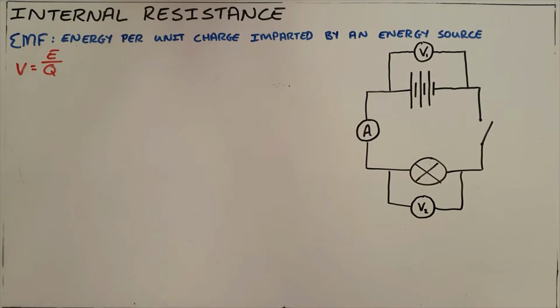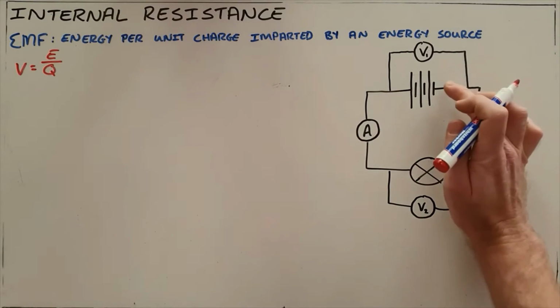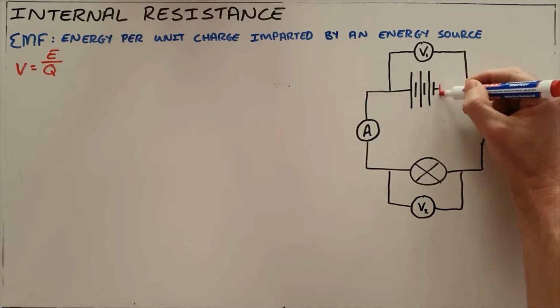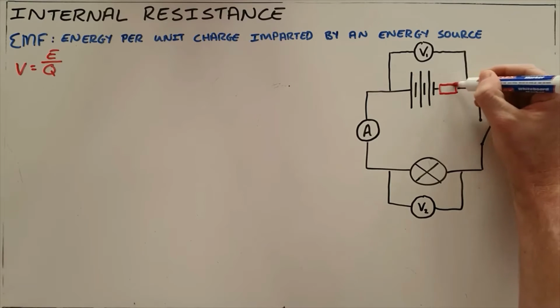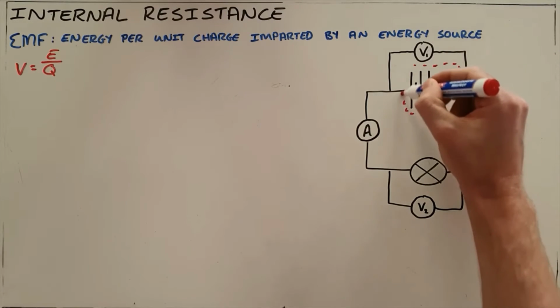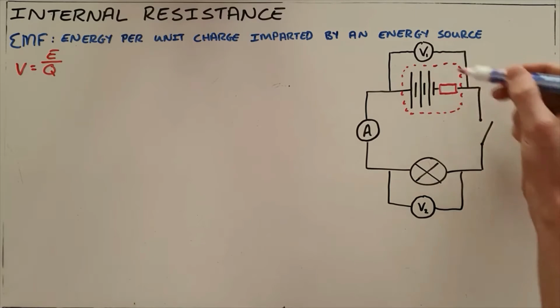Now, in reality, we find that batteries require a certain amount of energy to pass the charge through them. And so there's going to be a certain amount of energy lost to something that we call internal resistance within that battery. In an electric circuit, we illustrate that internal resistance by drawing a small resistor and often drawing a dotted line that shows that that is all considered to be one item.